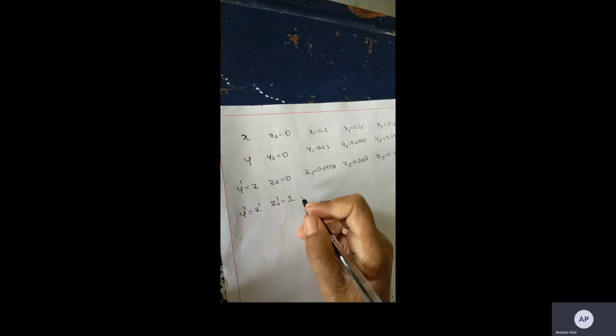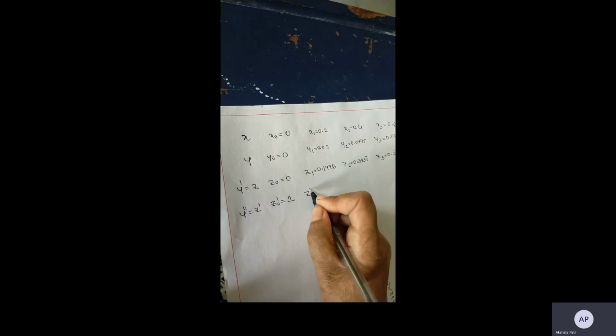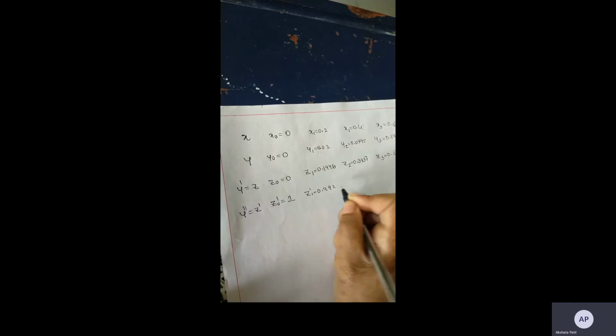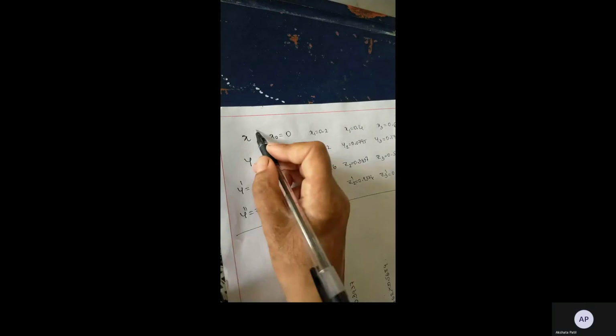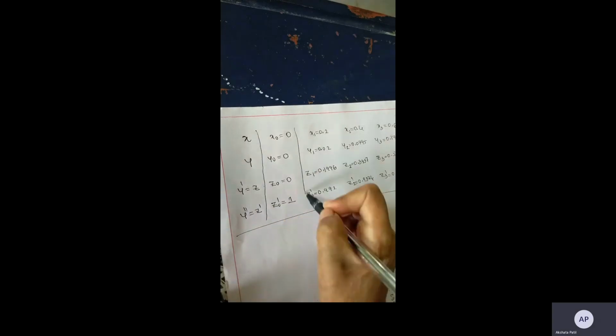Z1 dash value is 0.992, z2 dash equals 0.9374, z3 dash equals 0.7995. Okay, so here we prepare the table consisting of values of x, y dash and y double dash.